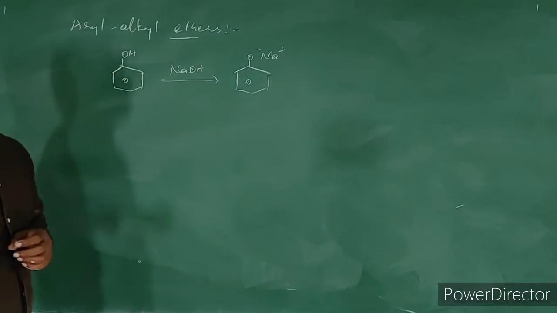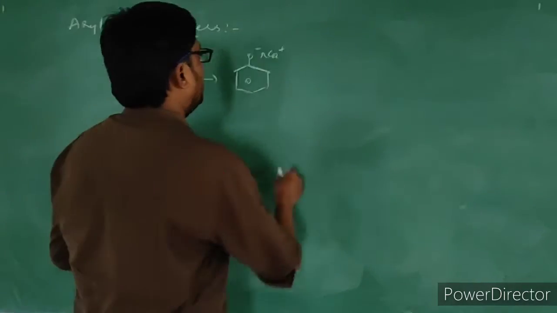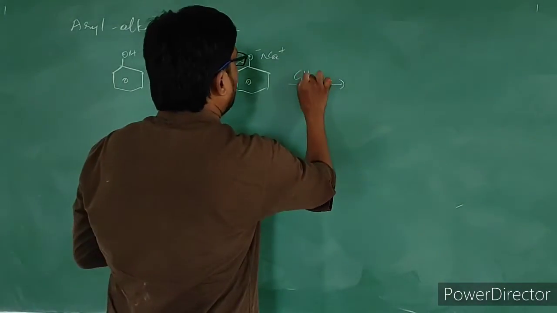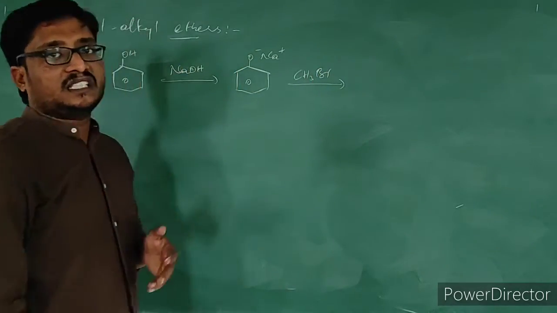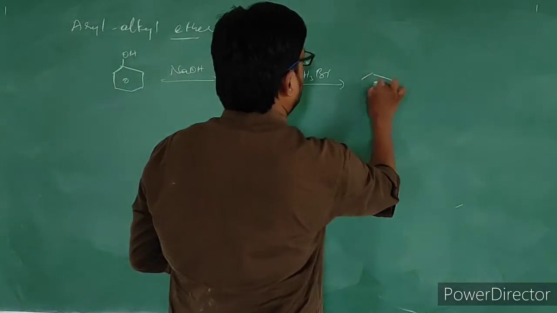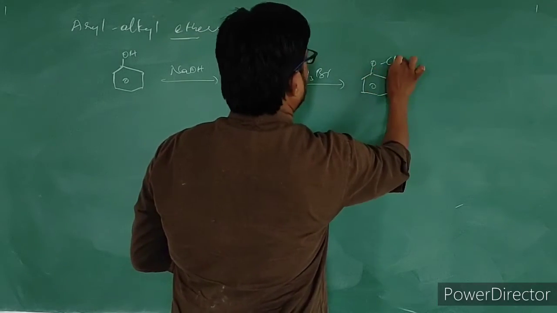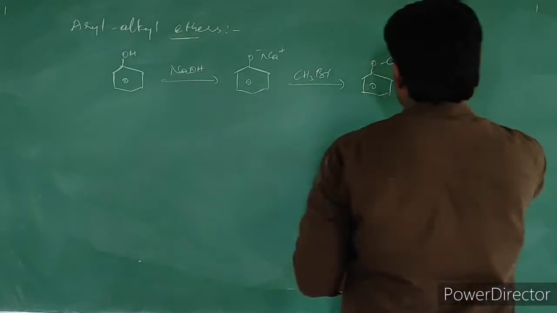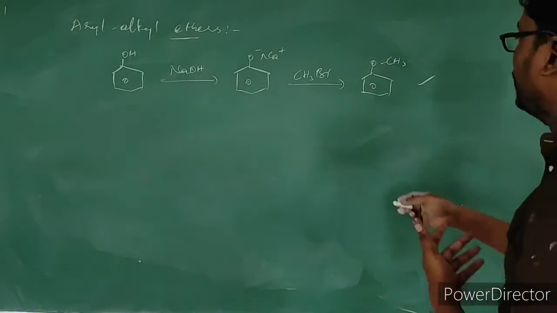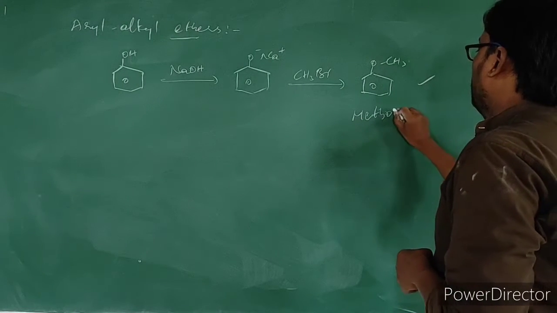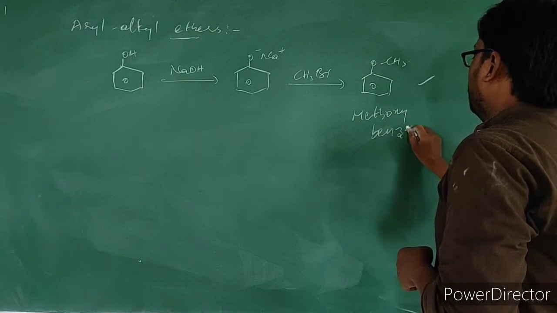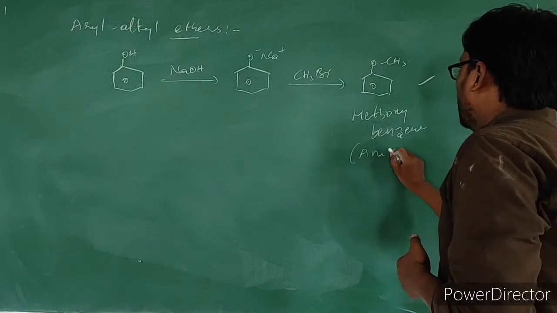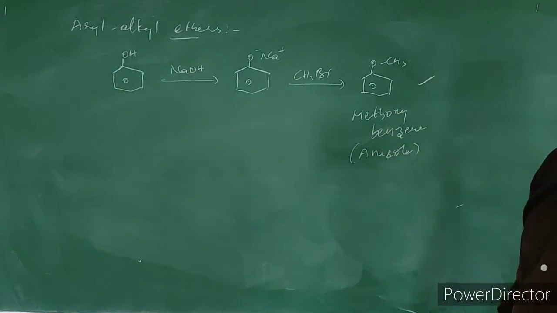This sodium phenoxide, when it is treated with primary alkyl halide, for example CH3Br, the product which gets produced will be this. Methyl phenyl ether gets produced or methoxybenzene gets produced. This methoxybenzene is also known as anisole. This is the common name, anisole.